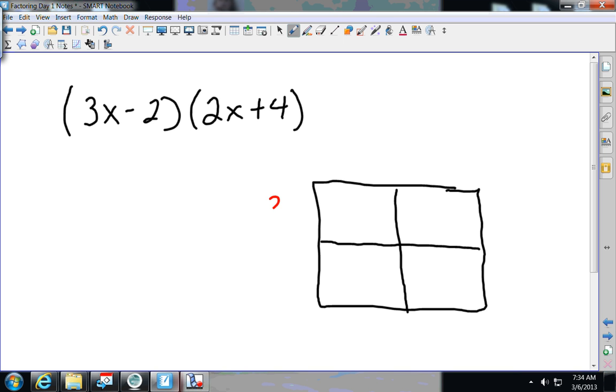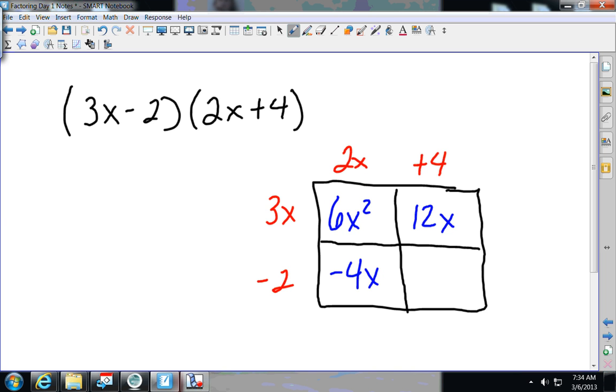I've got 3x minus 2 and 2x plus 4. So 3x times 2x, 6x squared, 3x times 4, 12x, not 7, 12x. Remember, 4 times 3. Negative 2 times 2, negative 4x. Negative 2 times 4, negative 8.